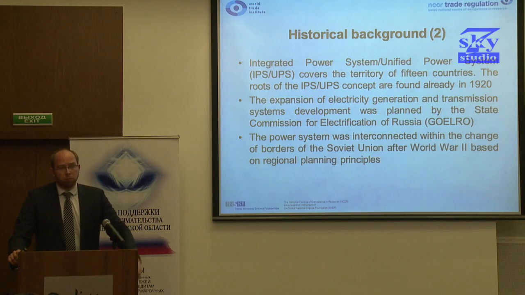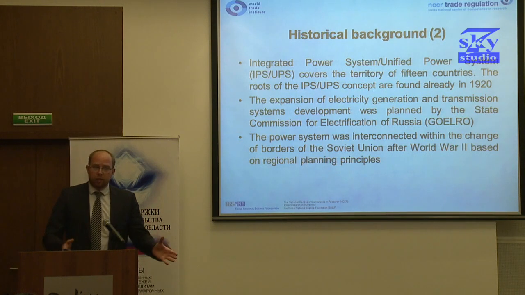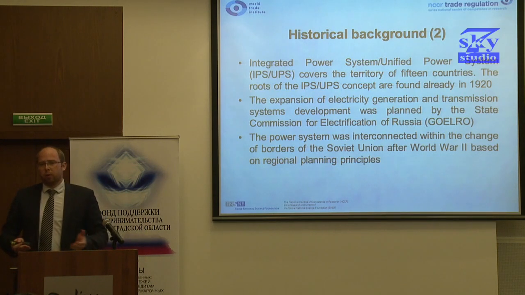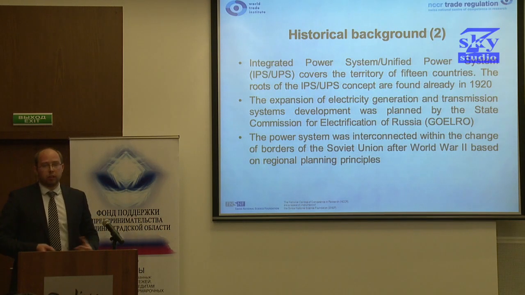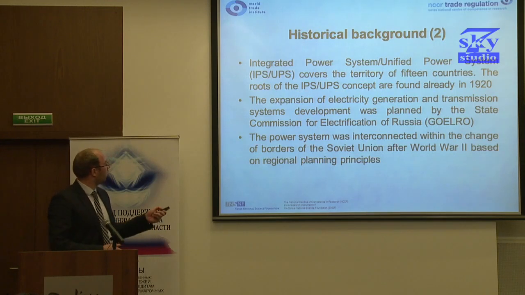However, once the Soviet Union collapsed, the Germans, Polish, and Czech Republic disconnected from the former Soviet Union system and connected to the European system. So this is why Latvia, Lithuania, and Estonia, which didn't follow the Polish or the Eastern Germans, are now part of the former Soviet Union system.